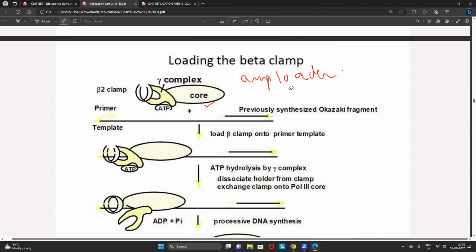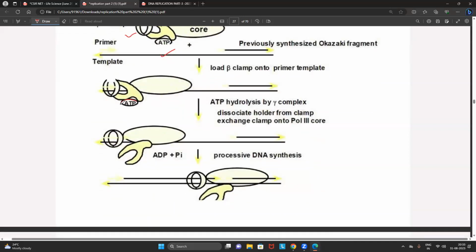Now all the students pay attention, try to understand what exactly I'm saying. Whenever the beta clamp attaches to the gamma complex, this entire complex will come and attach to the DNA. Now you listen, look into the point. The moment it attaches to the DNA molecule, ATP hydrolysis occurs. You can see this.